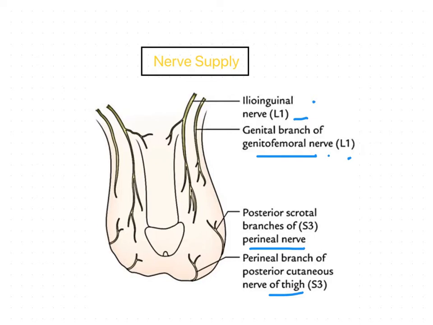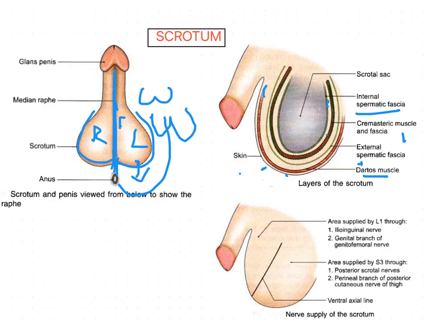The areas supplied by L1 and S3 are separated by the ventral axial line. The dartos muscle is supplied by the genital branch of the genitofemoral nerve. This is about the nerve supply of the scrotum.